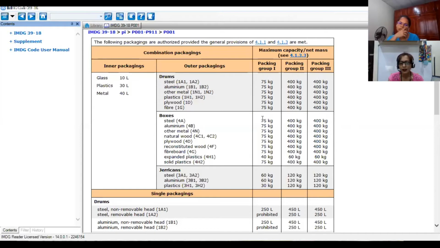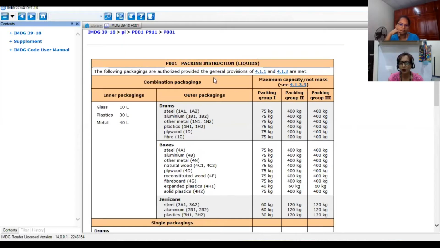What is interesting about P001 is that in column number 8, the types of packages there, in order to fall in that category, have to be packages in single packaging form. Generally, these are packages that are packed into containers.